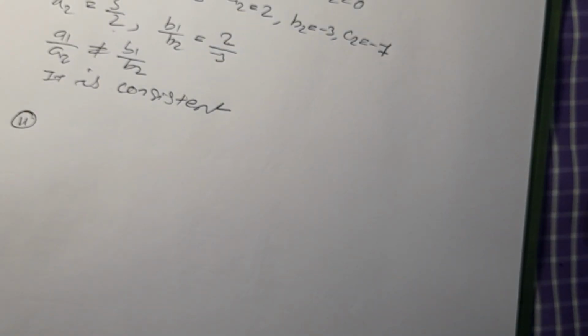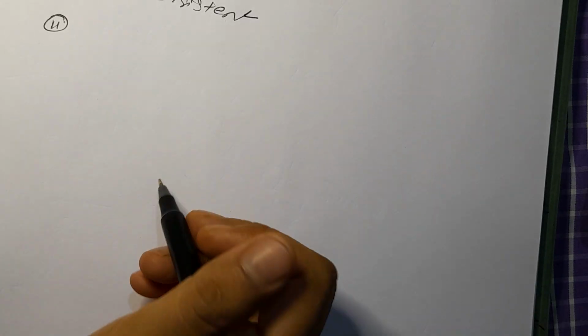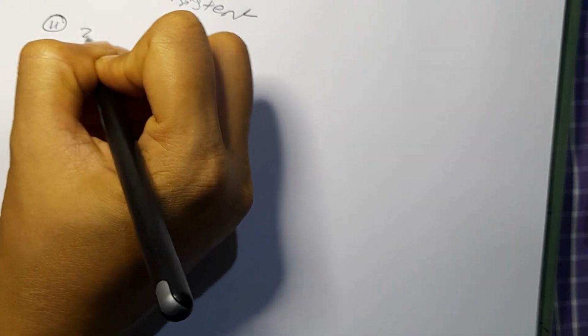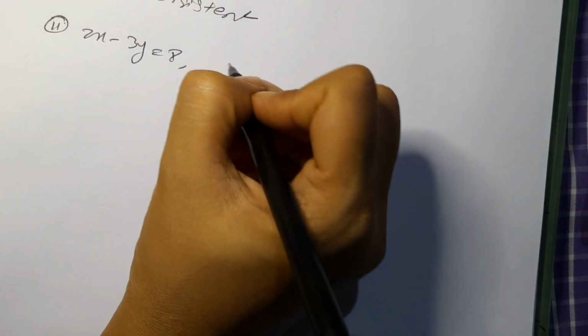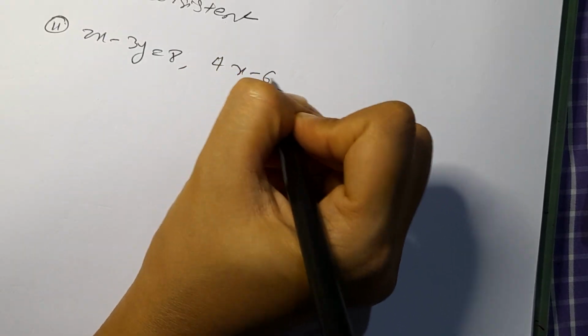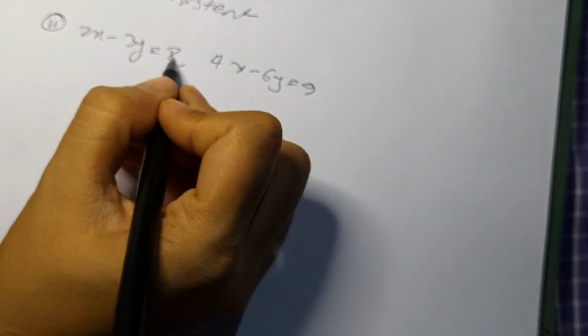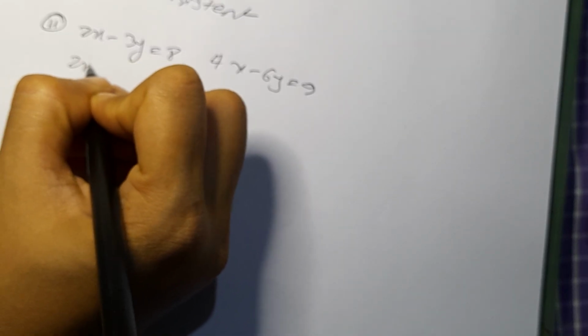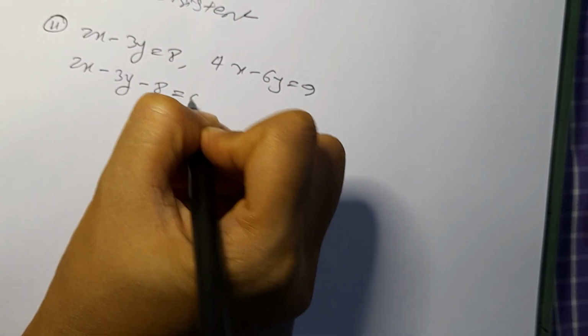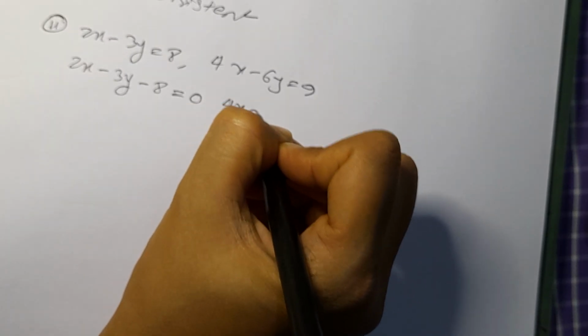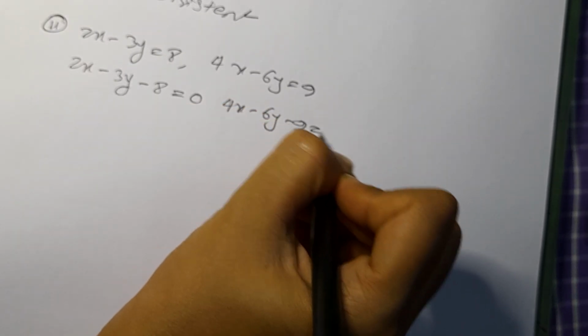Roman number 2 is given in simple form: 2x minus 3y equal to 8, and another is 4x minus 6y equal to 9. Bring the 8 this side, so it will be 2x minus 3y minus 8 equal to 0, and the other will be 4x minus 6y minus 9 equal to 0.